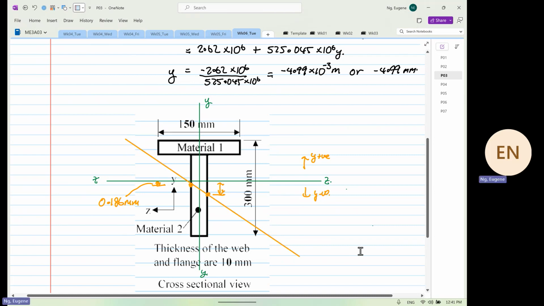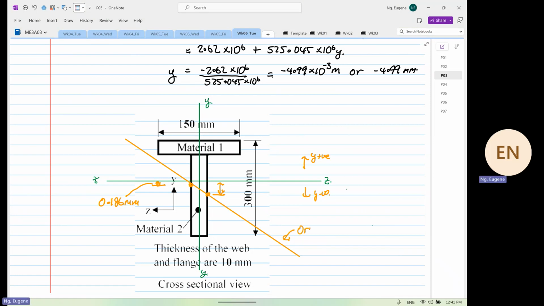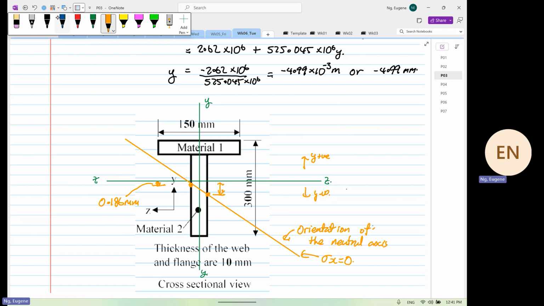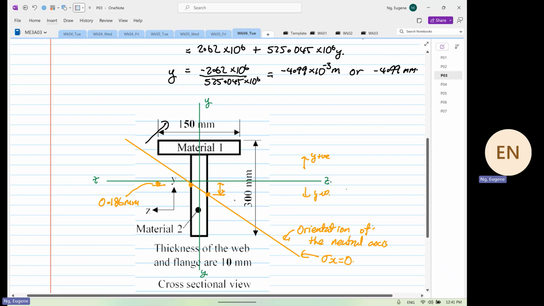So this is a sketch for the orientation of the what? So along this line, stress X will be equal to what? Will be equal to 0. Anything on this side will be under what?